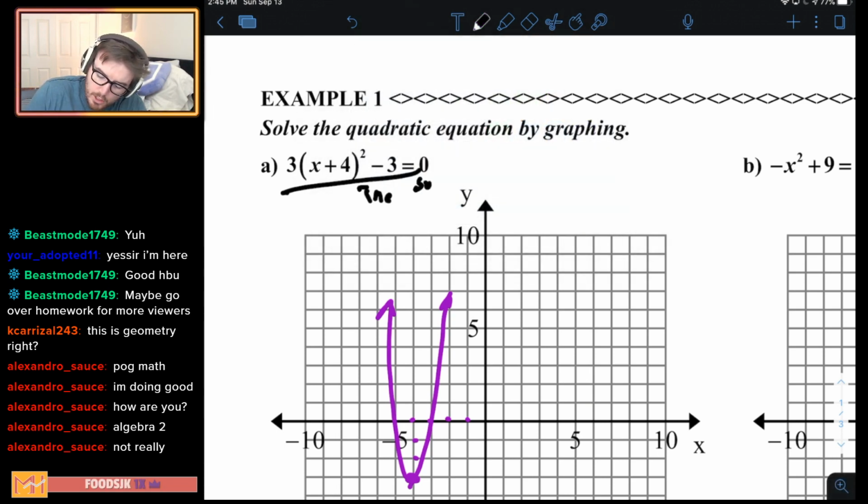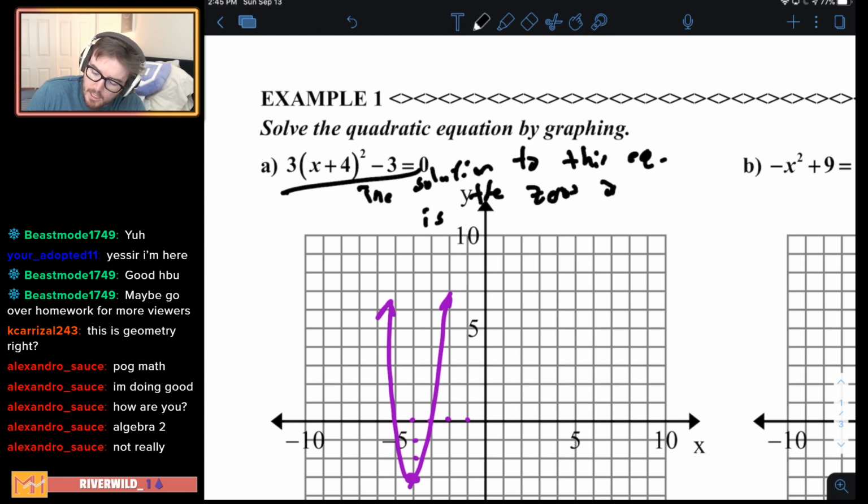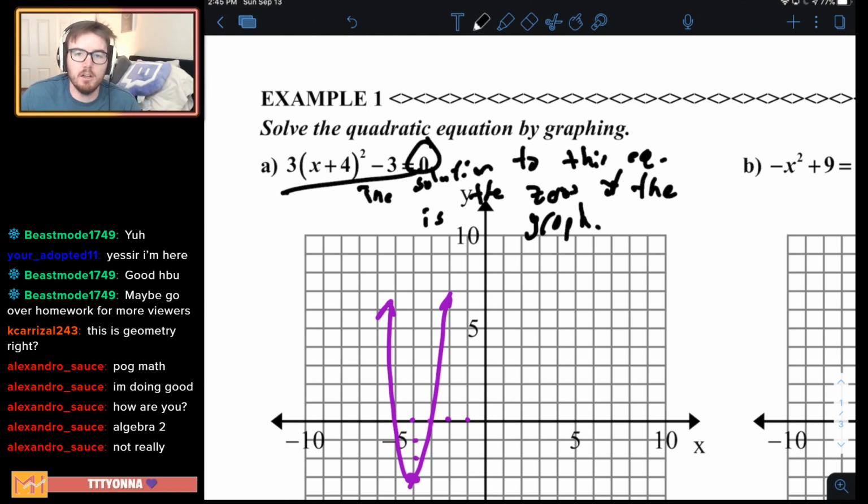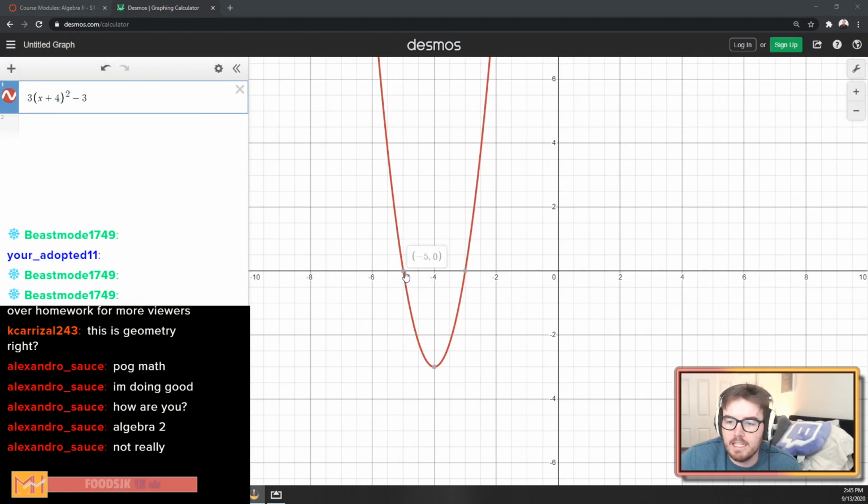Again, I say it one more time. The solution to this equation is the zeros of the graph. Because we're trying to find where is it equal to 0. So find the zeros. Boom. It's equal to 0 here and here. So the two solutions are at -5 and -3.